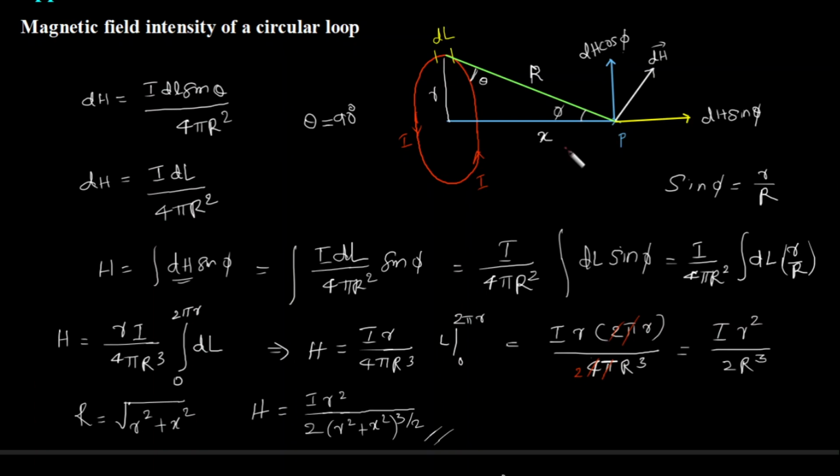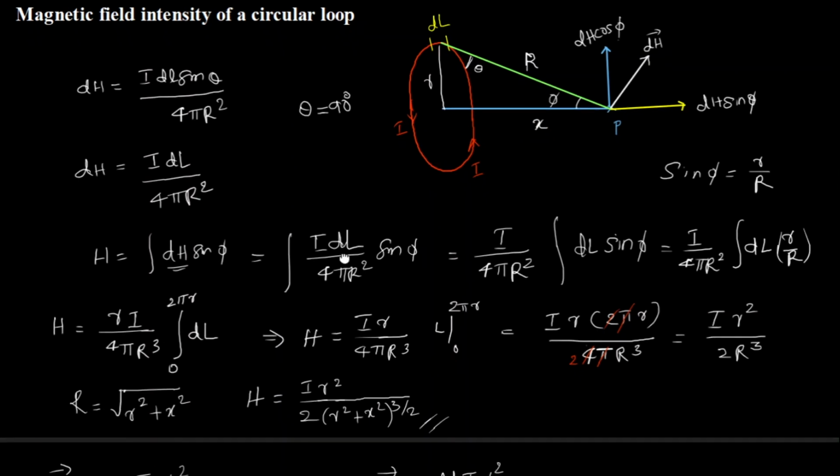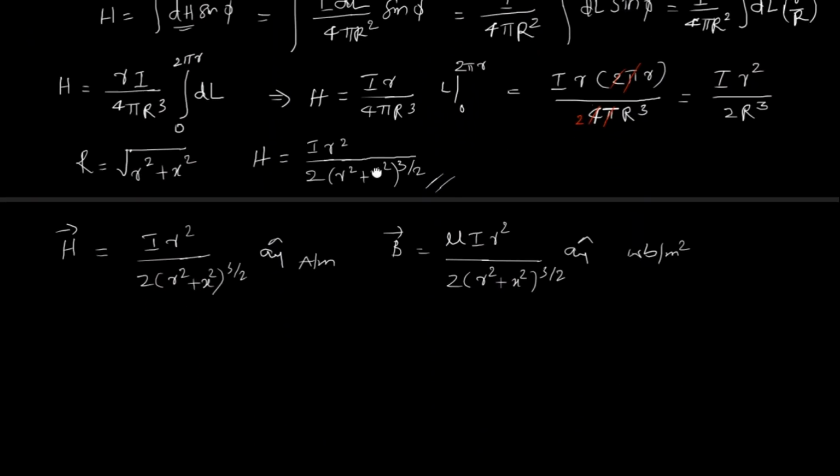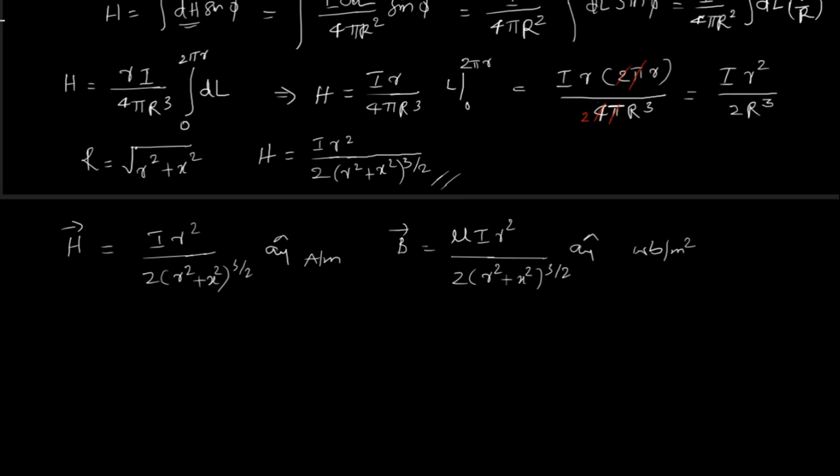To obtain that expression for the special case where point P is lying at the center of the circular loop, I have to just put x equal to 0 in the final expression. If it is at the center, as I explained, x will be 0.